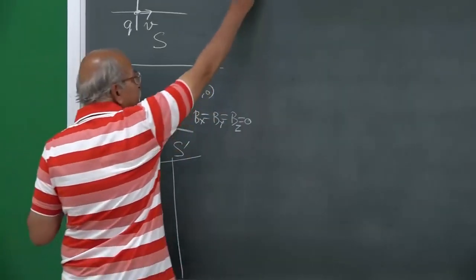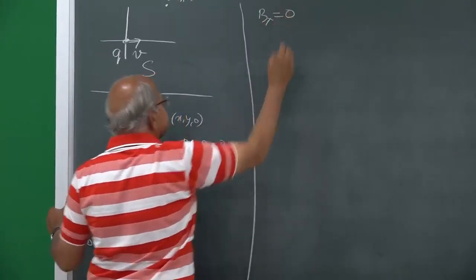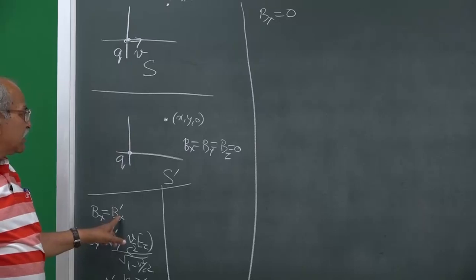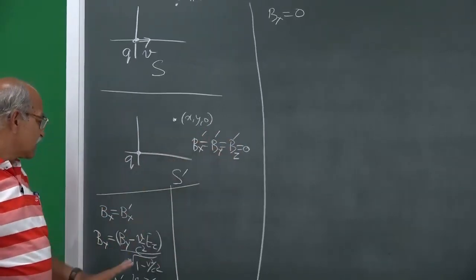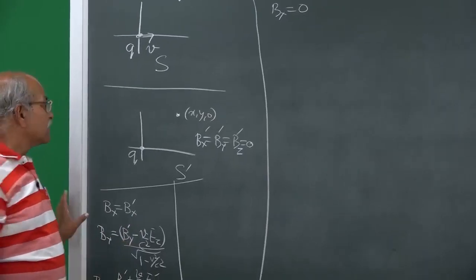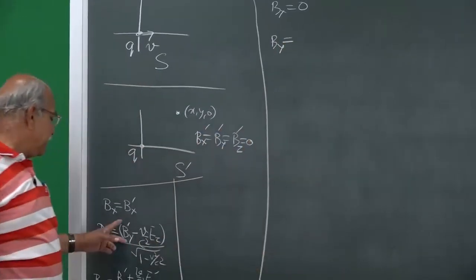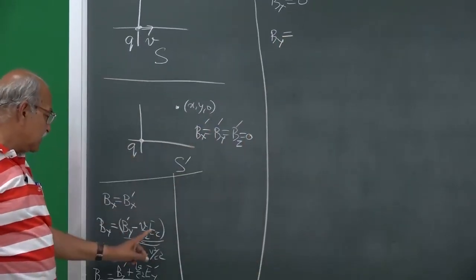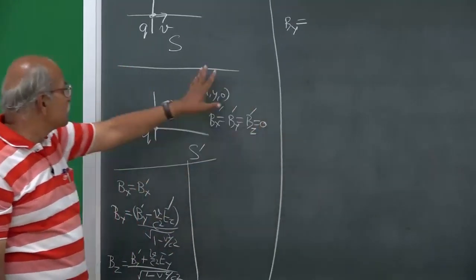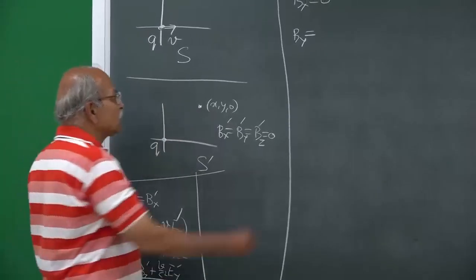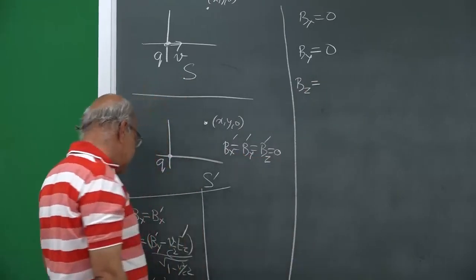Bx is 0 because Bx is Bx prime and Bx prime is 0. In this frame no magnetic field, so it is 0. By prime is 0, Ez prime again 0. So, By is also 0, so it is only Bz, and how much is Bz?